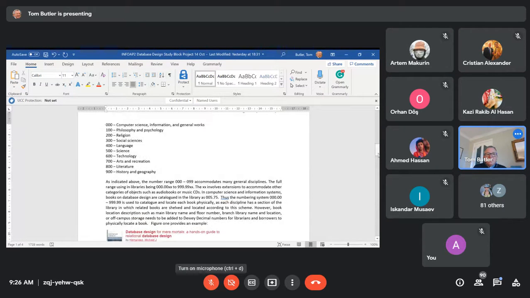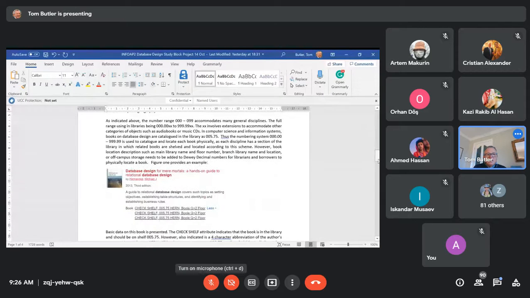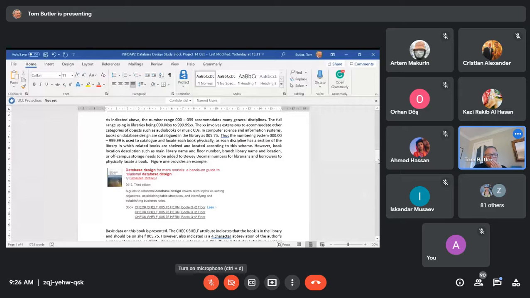Yeah. So my suggestion is down here. If you look at the database design, that particular graphic, it does indicate that with the Dewey Decimal System, when you look at the spine of the book as it's on the shelf, you will see the Dewey Decimal System check shelf 005.75.